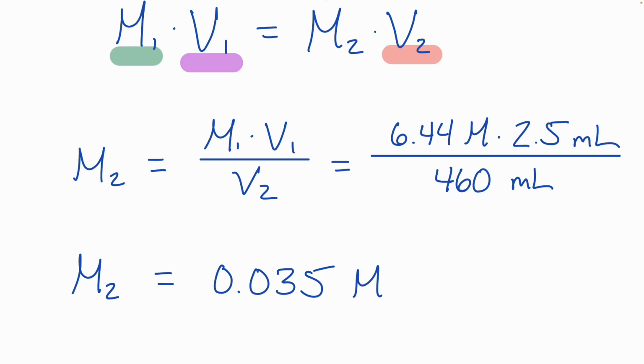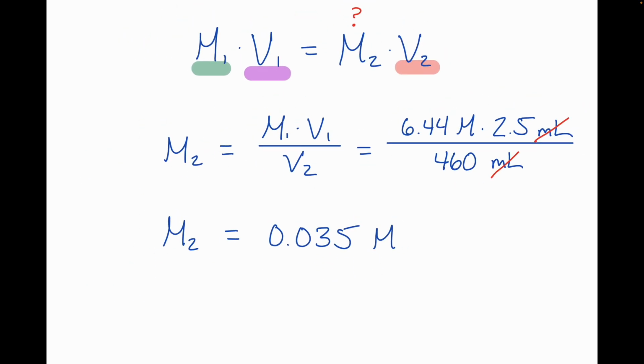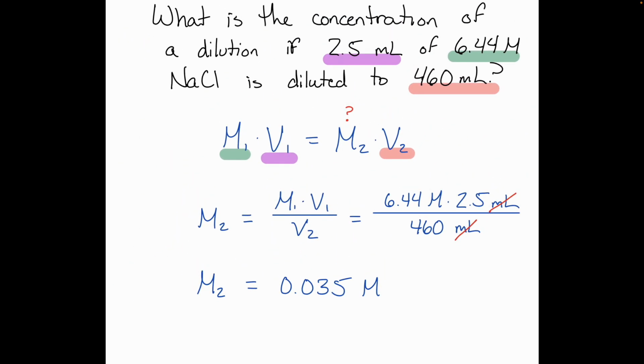You could, it would just be an extra step, because my volumes will cancel out their units, leaving me in units of just concentration, my big M molarity. And in this case, the calculator did a good job with sig figs, I got lucky. I should have 2 sig figs in my final answer. Cool.